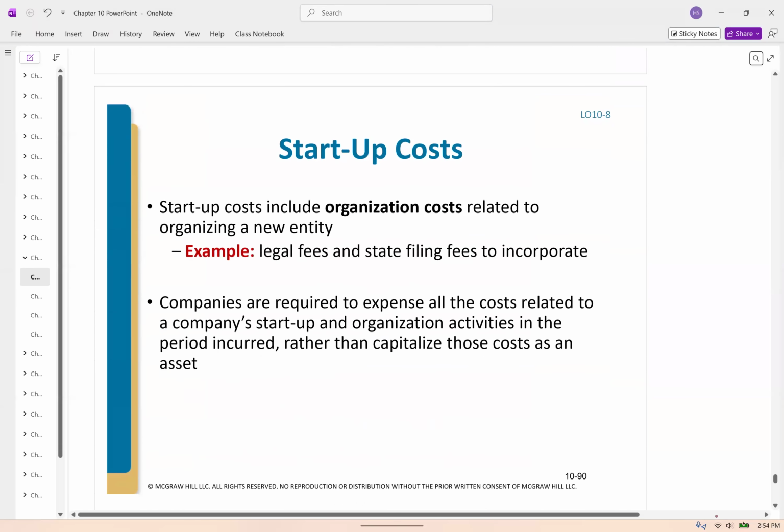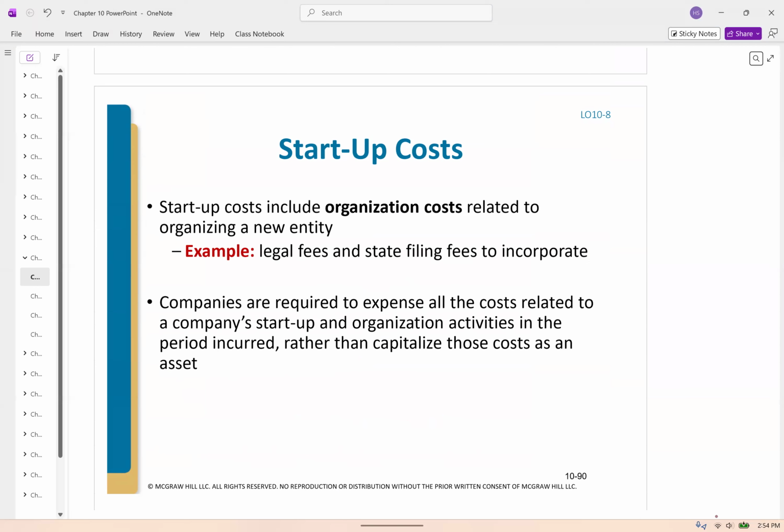This happens at the beginning of the process to incorporate. So, organization costs: there's a lot of legal fees, state filing fees. This is when they have the initial public offering, IPO. Okay. And sometimes those organizational costs might be paid for by the company that's doing it for us.